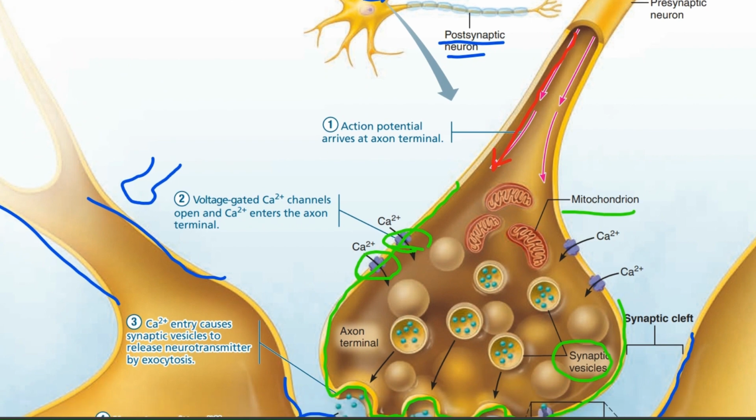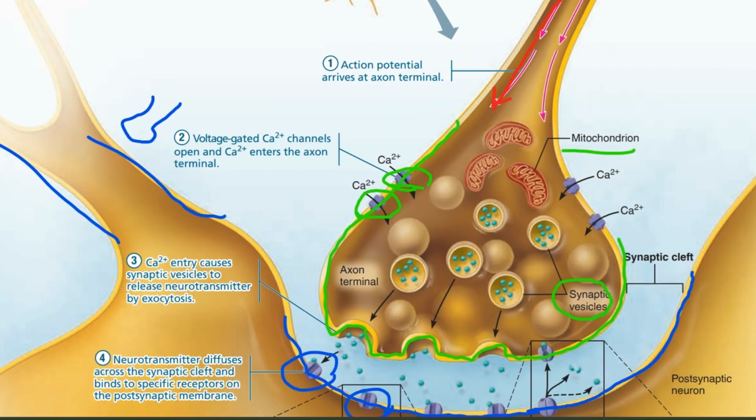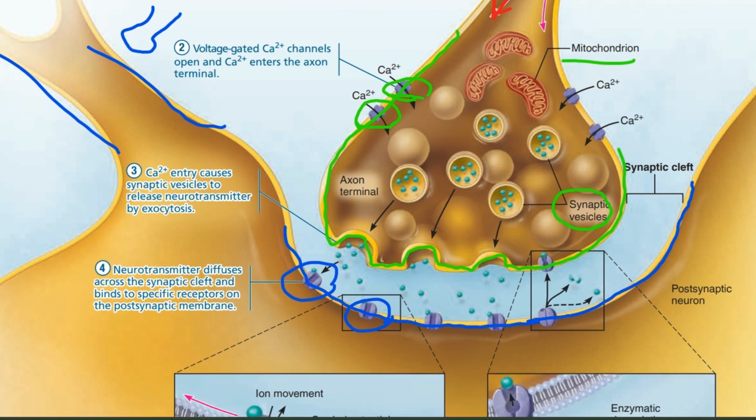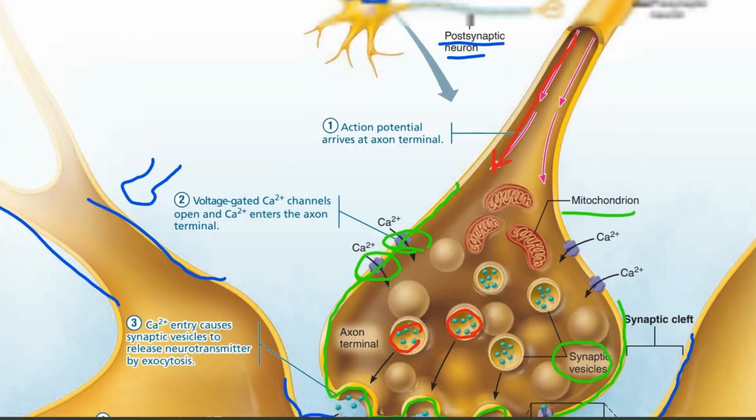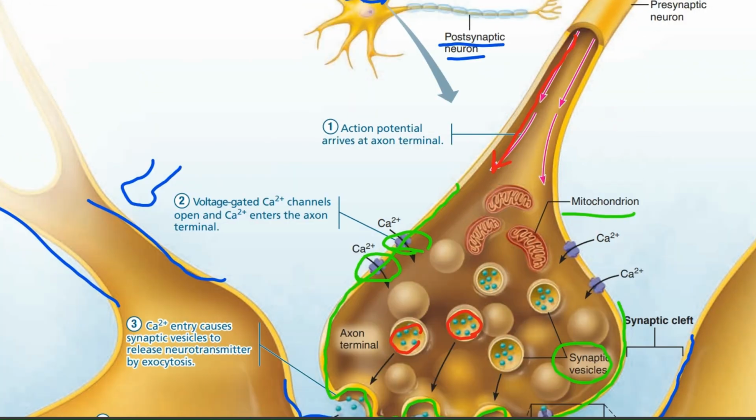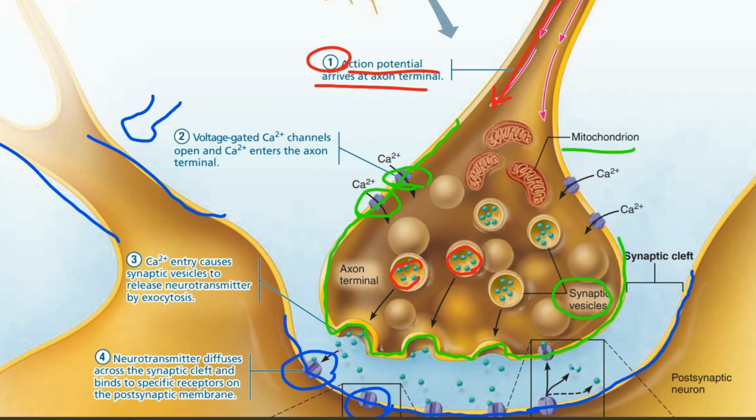But when this action potential arrives to the axon terminal, which is basically the electrical impulse, it will be transferred to a chemical impulse, which will be in the form of neurotransmitters, and then back to an electrical impulse here in the form of a graded potential. Okay, so let's see. The first thing that happens, action potential arrives at the axon terminal. As expected, it will arrive here.